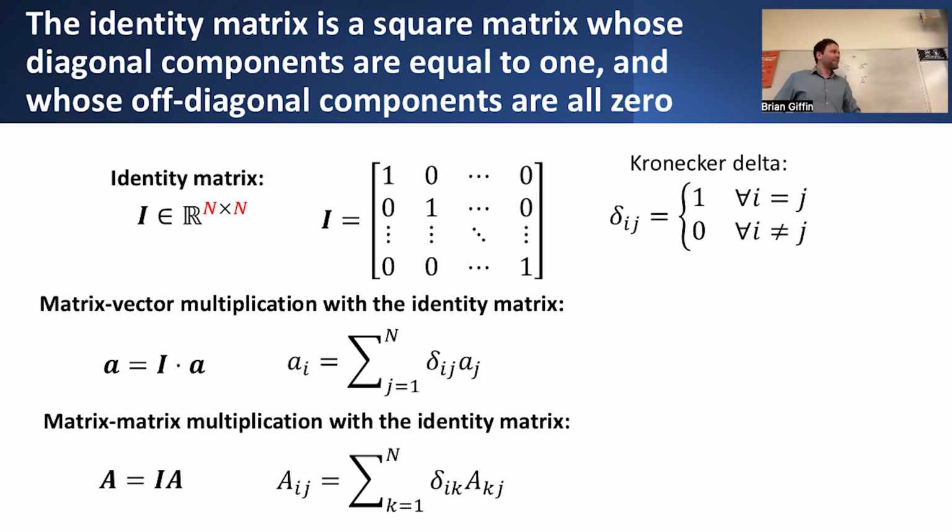Certain other special properties of the identity matrix are that if I take the matrix-vector product of the identity matrix times any vector, what I get back is the original vector. Fairly straightforward. And if you like, you can represent how that would appear in this index representation, multiplying the individual components of the identity matrix, represented using the Kronecker delta symbol and expressed through a summation operation.